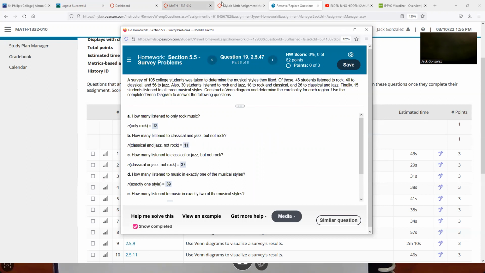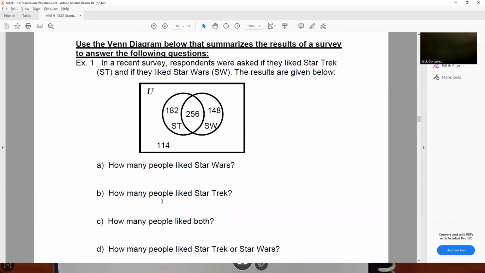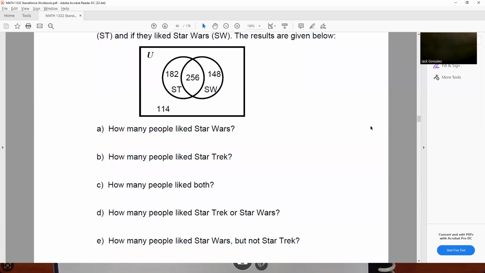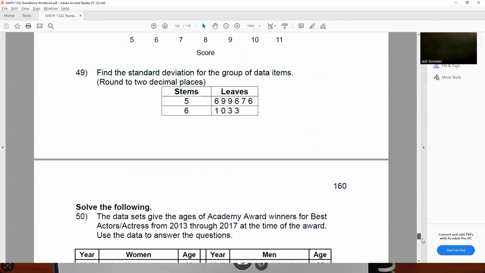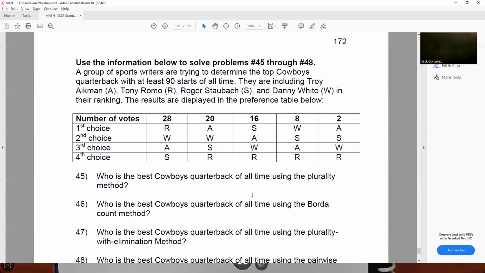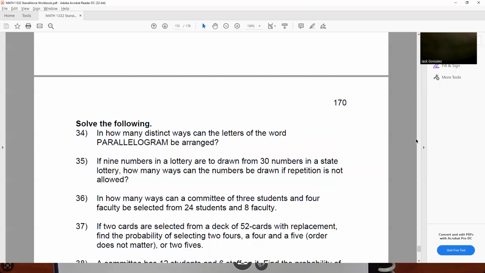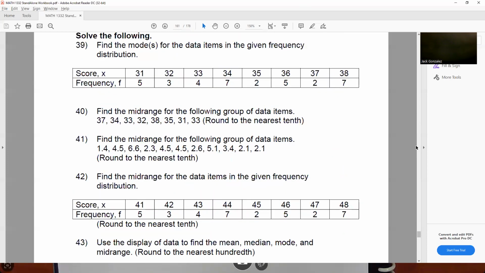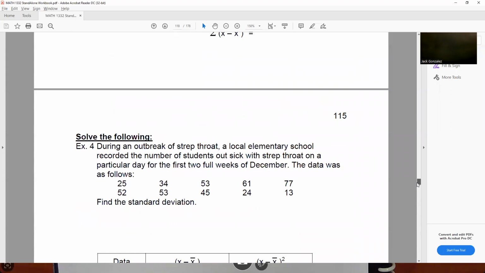Let me look back at that example. So I'm understanding that this is a cardinality. I lost the page.